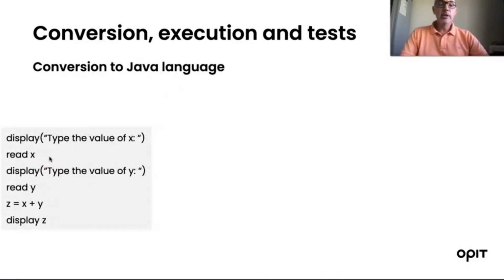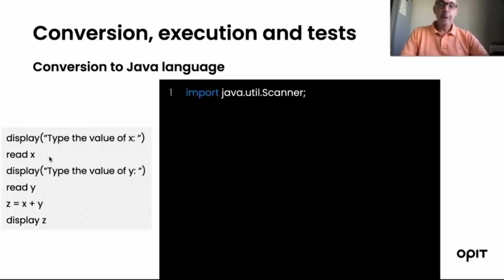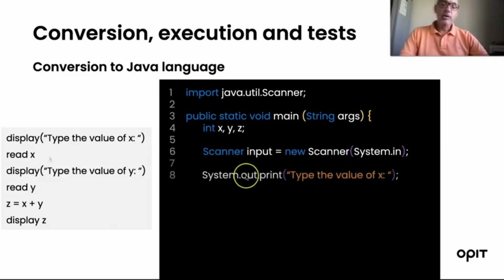So let's see, for instance, the conversion to the Java language. Again, I am importing some libraries. This will be learned in other courses, such as the Java language course. I declare the main body of my program, and then I declare the variables, as I previously did in C language, and you see here it's not the same as in C language. I display, type the value of X, I read the value of X. You see here that this depends on the programming language.